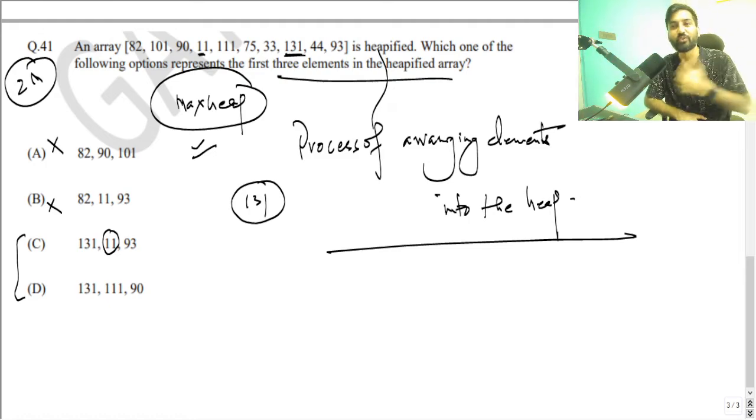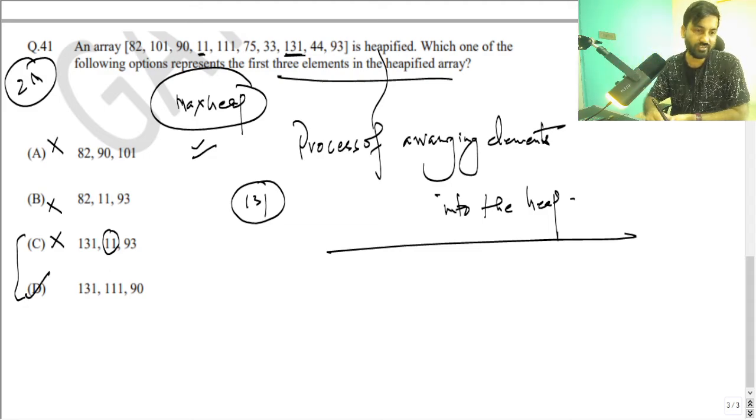So it cannot be the child of the root here, understand? So this option cannot be correct. This is the only option which is correct. So this, then this, then this.